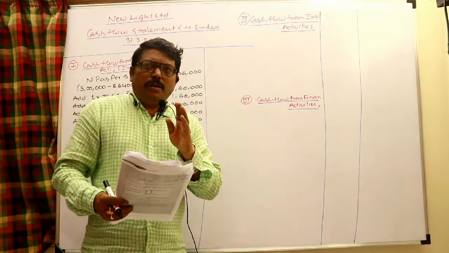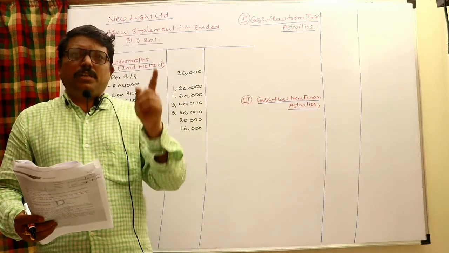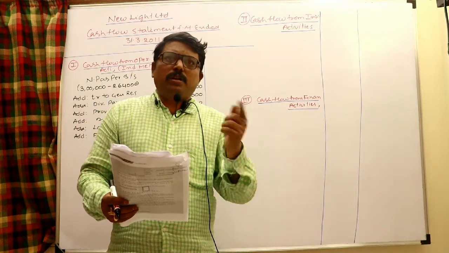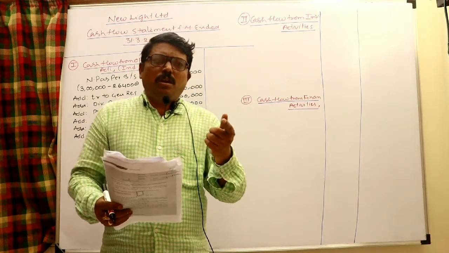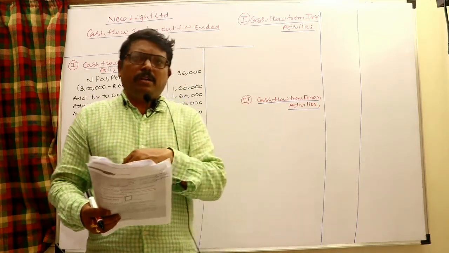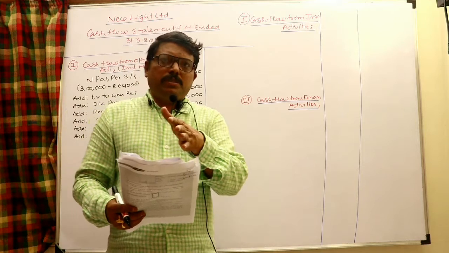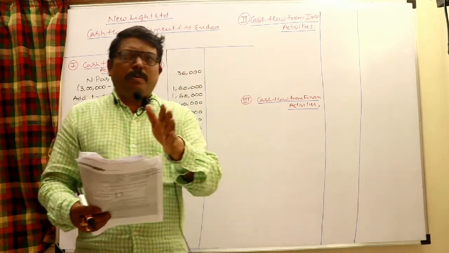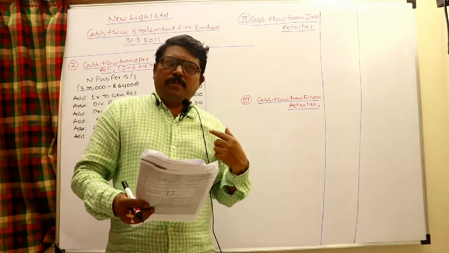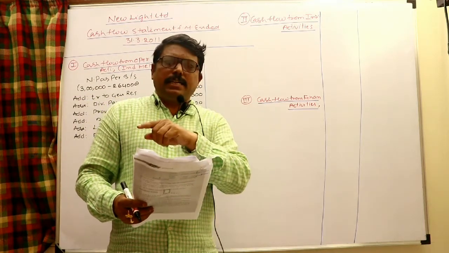Moreover, 1,20,000 preference shares redeemed, and 1,20,000 debentures redeemed at 5% premium. 1,20,000 into 5% is 6,000. Obviously, that will be provided through the P&L account and paid off. P&L to premium on redemption of debentures, P&L to premium on redemption of preference shares, and then paid off. But they are not operating items, they are financing activities.